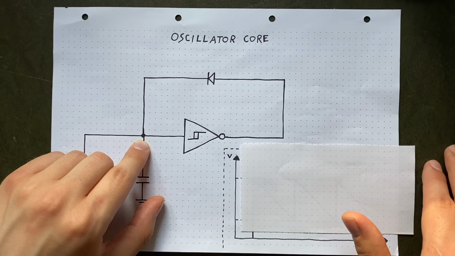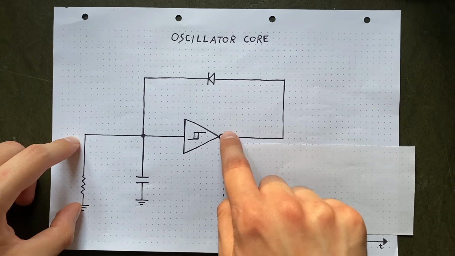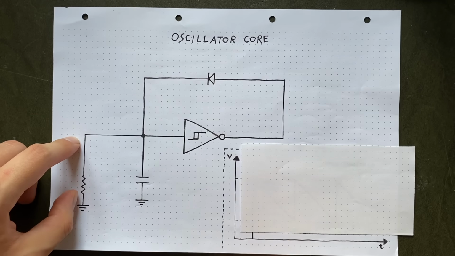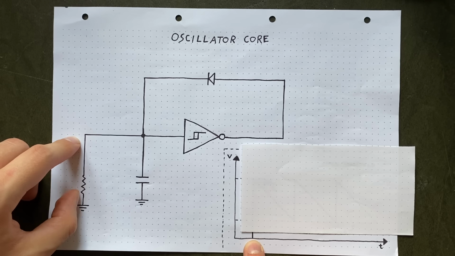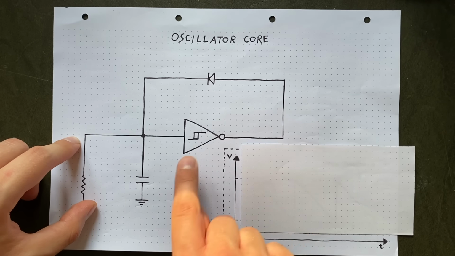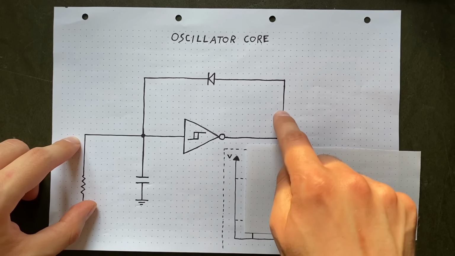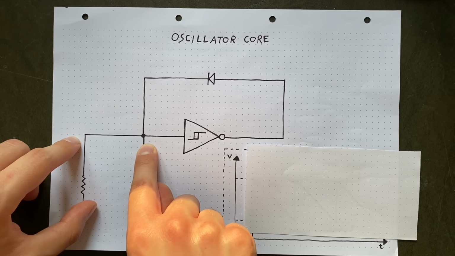So initially, there will be no pressure here because the capacitor is empty and nothing is passing through our diode yet. So we start out down here. And that means that the sensor here is telling the pump to start working because we are below the lower threshold. So now we have a flow from this point through our diode to this point.